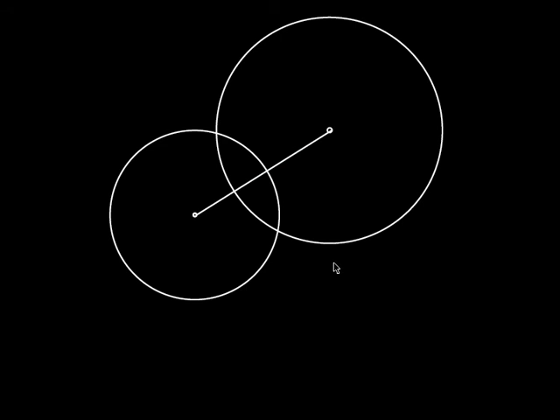They connect the two centers, and they label them. Put a point right there. Where they intersect, that's C. Right where they intersect here is D. And then this one is S right there. Okay?